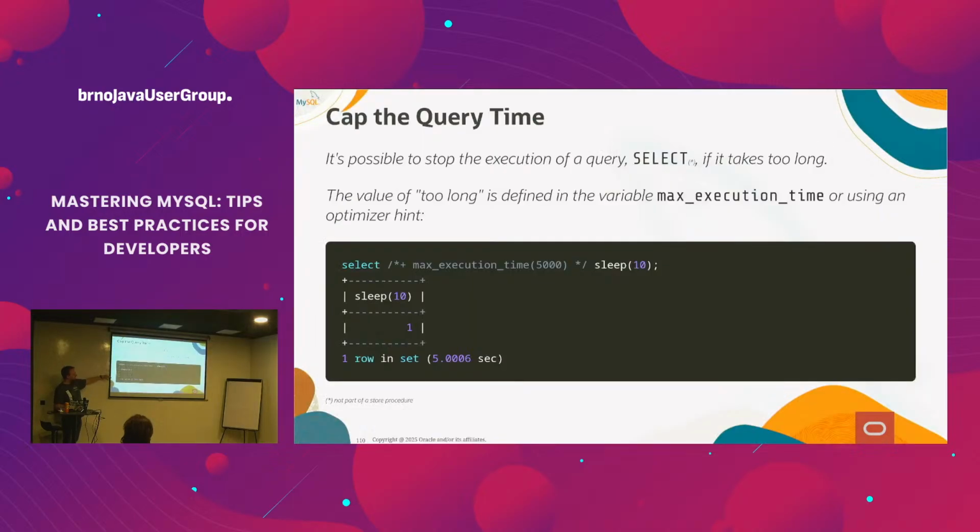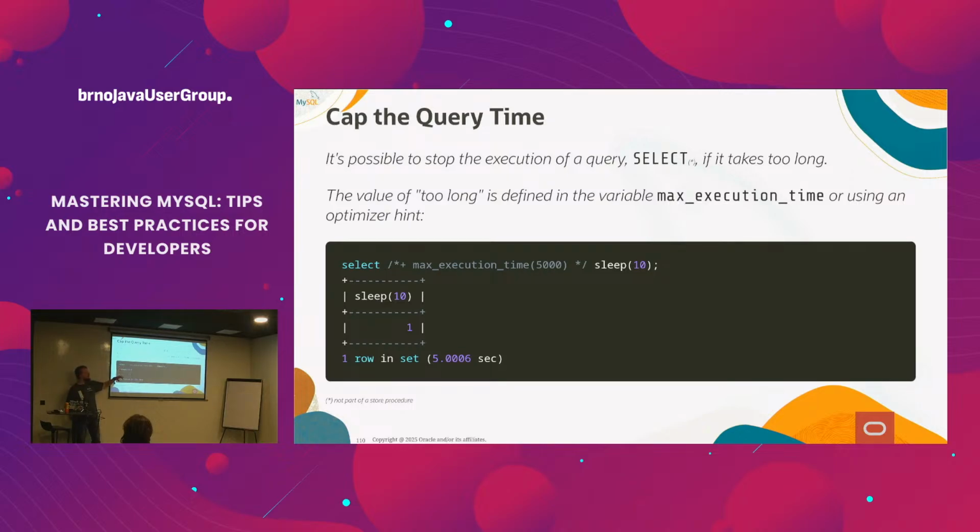For the developers, maybe you don't know this: max_execution_time. This is what we call an optimizer hint. When you do this in your query, max_execution_time, and you give a value in milliseconds, and for example I do sleep 10, it should stop after 10 seconds, right? But in fact, here after 5 seconds, the query stopped.